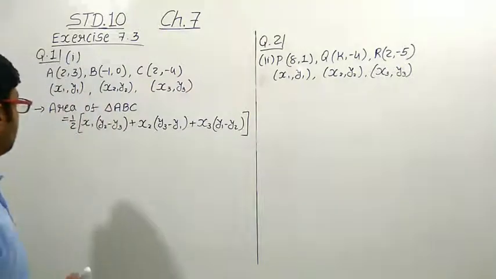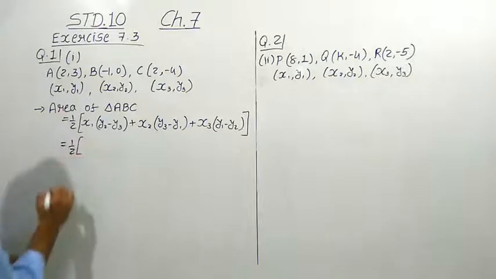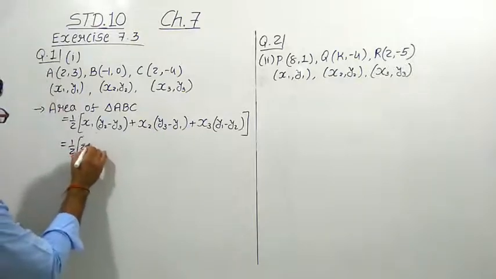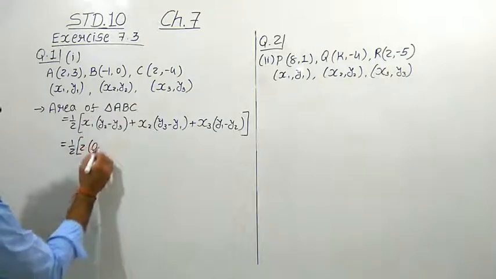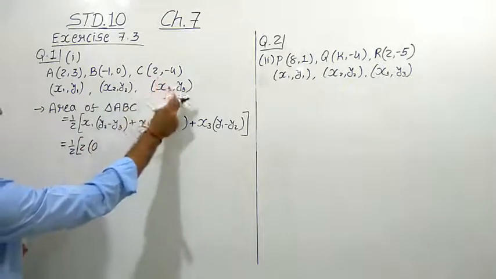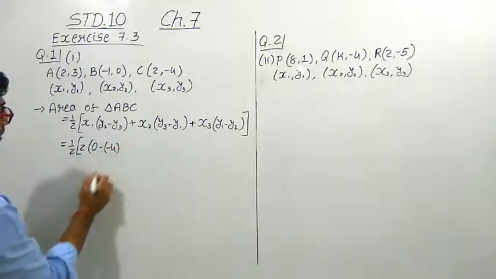Let us put all the values. So here 1/2, what is x1? x1 is 2, y2 minus y3, y2 is 0, and y3 is minus 4, so minus of minus 4, right?